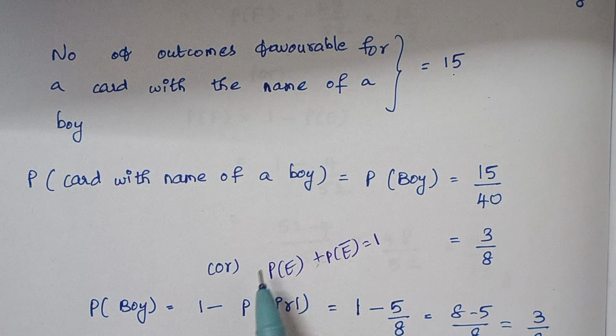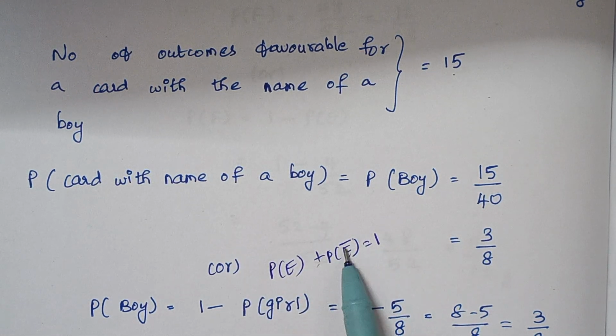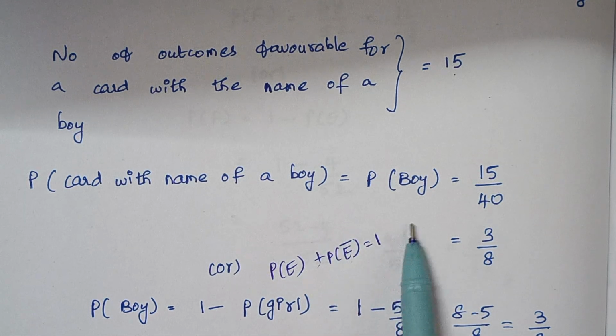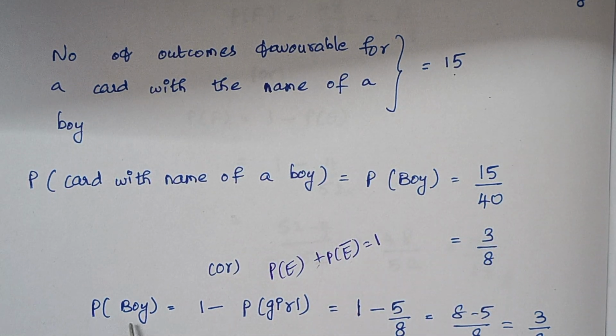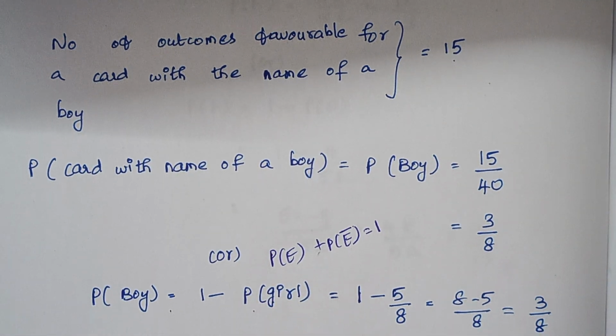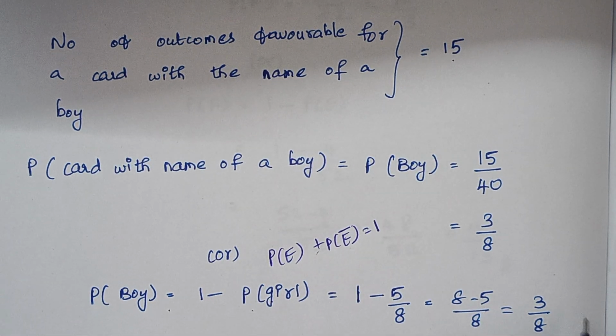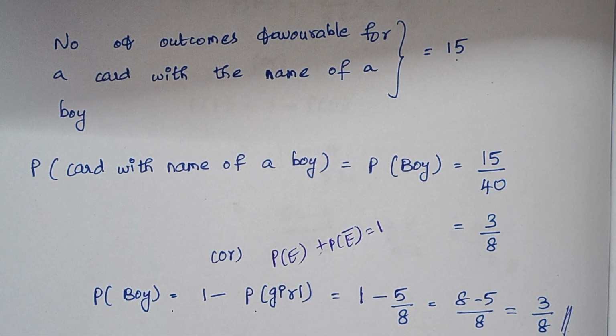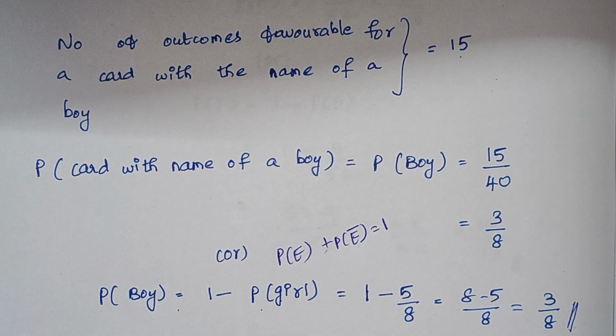If you want to find the probability of a boy, you have to move this term to the right hand side. Here it is plus; when you move to this side, it becomes minus. So the probability of a boy is equal to 1 minus the probability of a girl. The probability of a girl is 5 by 8, so 1 minus 5 by 8. When you take the LCM, we end up with the same answer, 3 by 8. So the probability of selecting a boy is 3 by 8.